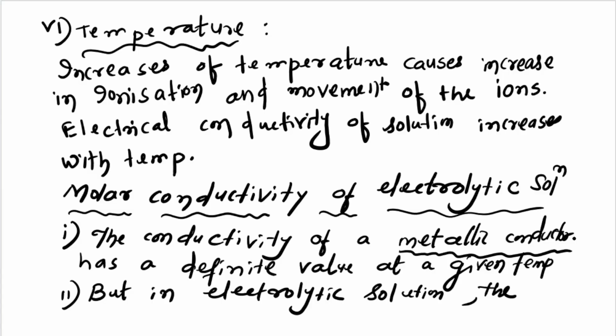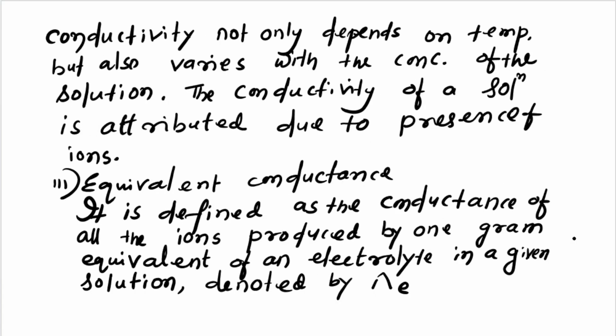But when it comes to an electrolytic solution, not a metallic conductor, what happens? The conductivity depends not only on temperature but also varies with the concentration. Before, it depended only on the temperature of the metal, but here also on the concentration of the solution. The conductivity of a solution is due to the presence of ions.